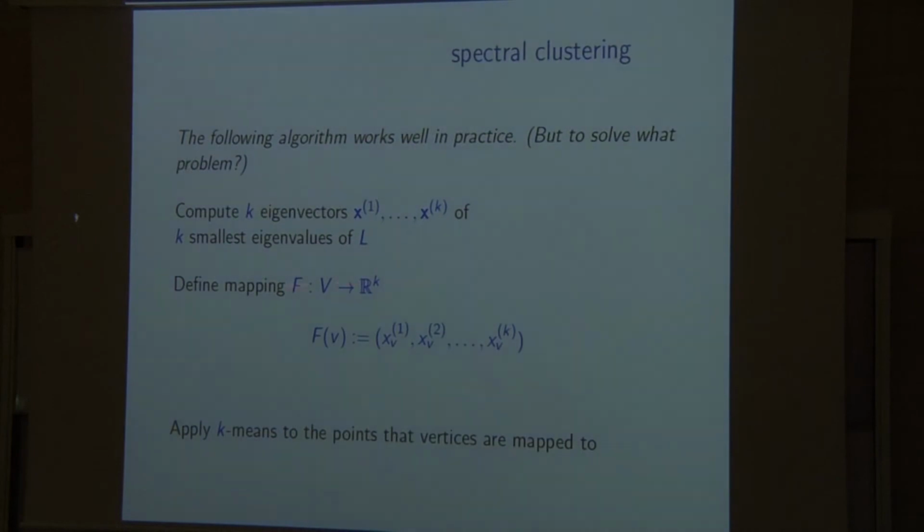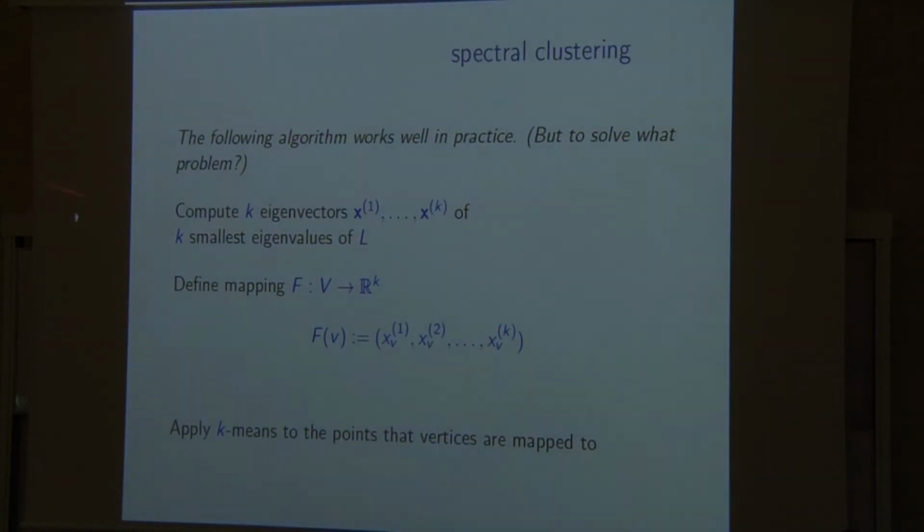So the way clustering of graphs, especially graphs that encode similarity between pairs of objects, is done, is to compute the eigenvectors of the k smallest eigenvalues of the Laplacian.